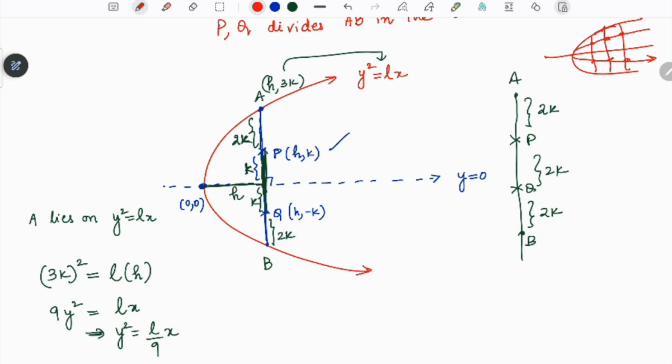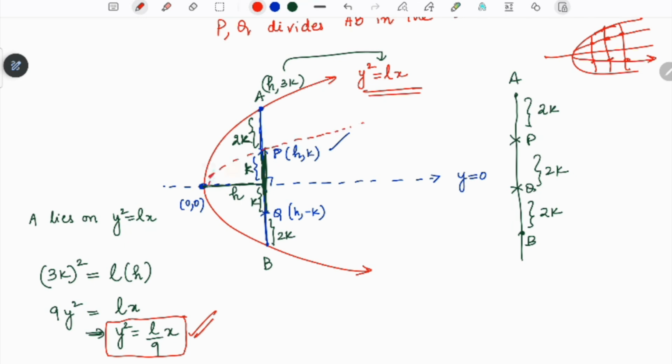Okay. Many double ordinates are there. For each double ordinate, points of trisection are there. If I collect all the points of trisection, what am I getting? What is the locus? That is also a parabola. For this parabola, mouth means latus rectum. What is latus rectum here? L by 9. Okay, so we have parabola like this.